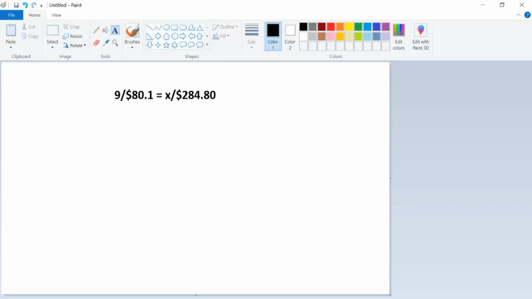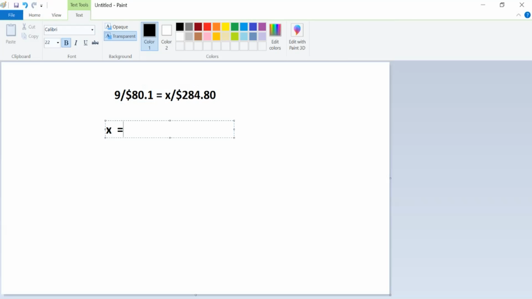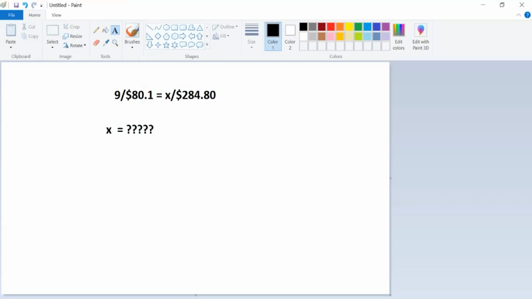Well, in this particular one, we don't want to cross multiply the X. We don't want X to go down here. We want X to stay where it is. All we want to do is get rid of this 284 and move it over to the left-hand side, right? Because we want to solve for X. I want to know what X is. I've got X right here.